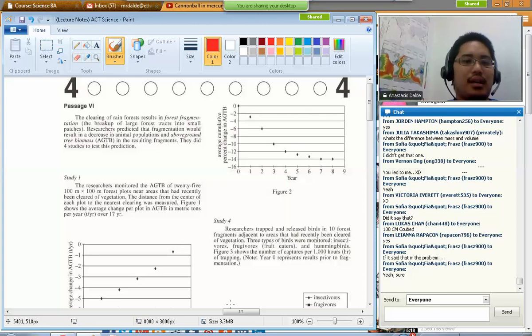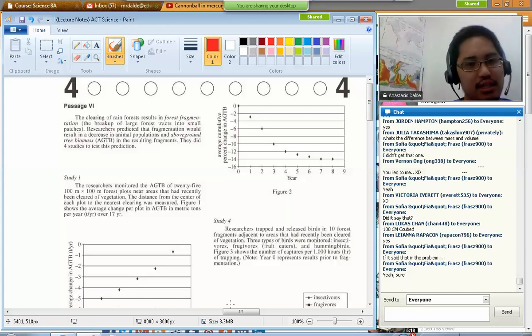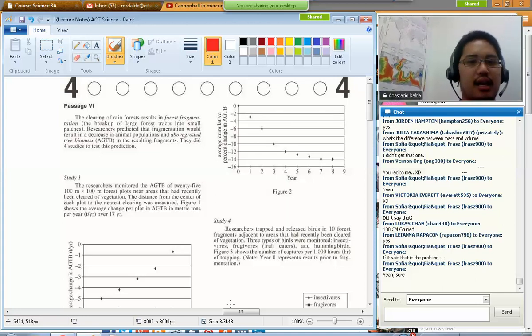Okay, let's do it. The clearing in a rainforest results in forest fragmentation, the breakup of large forest tracts into smaller patches. Got it. Researchers predicted that the fragmentation would result in a decrease in animal population and the aboveground tree biomass, AGTB, in the resulting fragments. They did 4 studies to test this prediction.